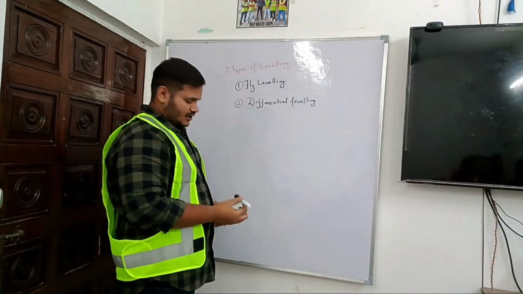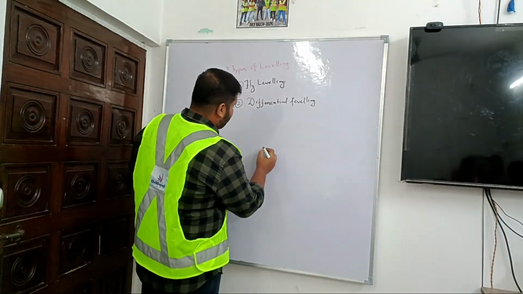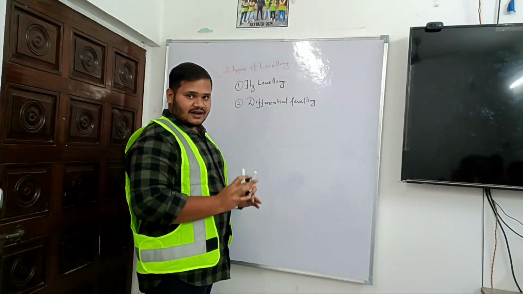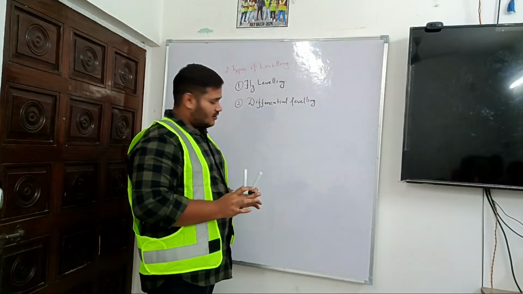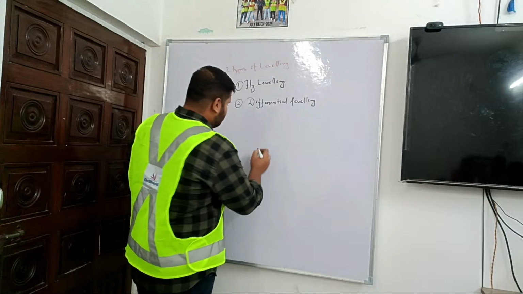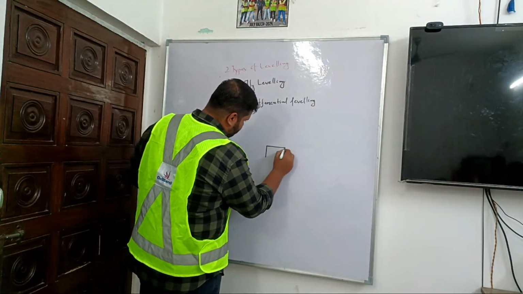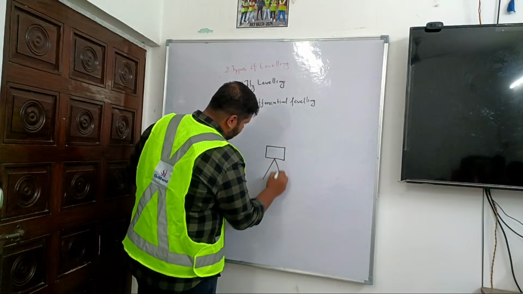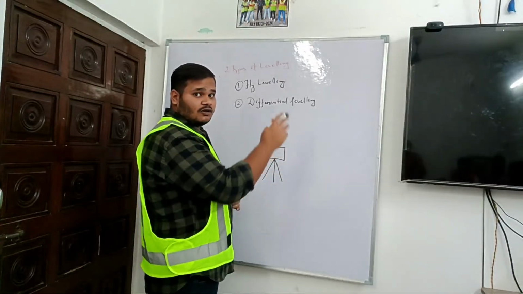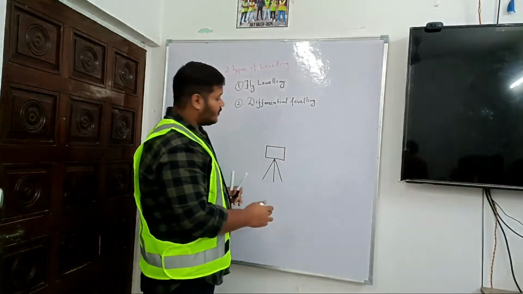We have talked about fly leveling. Now let's discuss differential leveling. In differential leveling, measurements of many points are taken. The RLs of many points are found without changing the station. So here, let's suppose this is the instrument station, and we have to take measurements for different points.